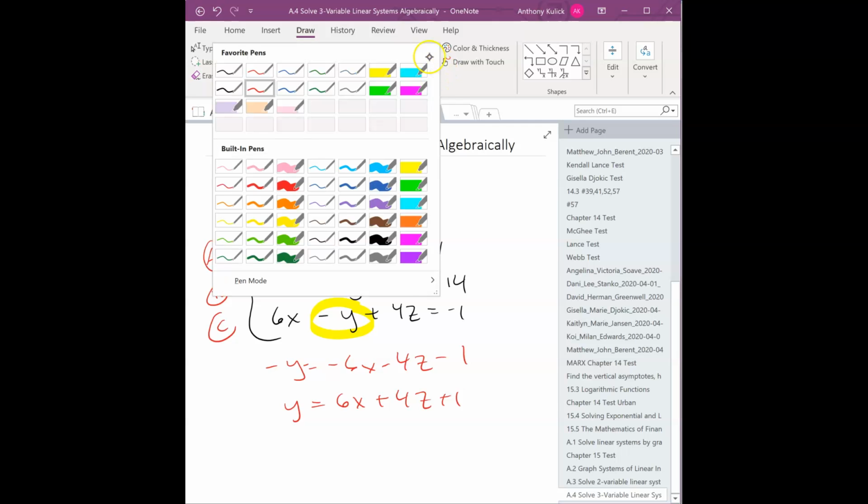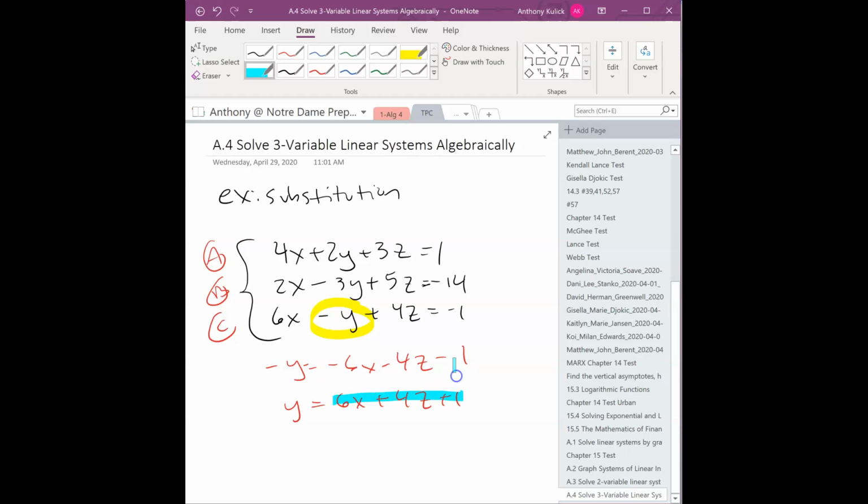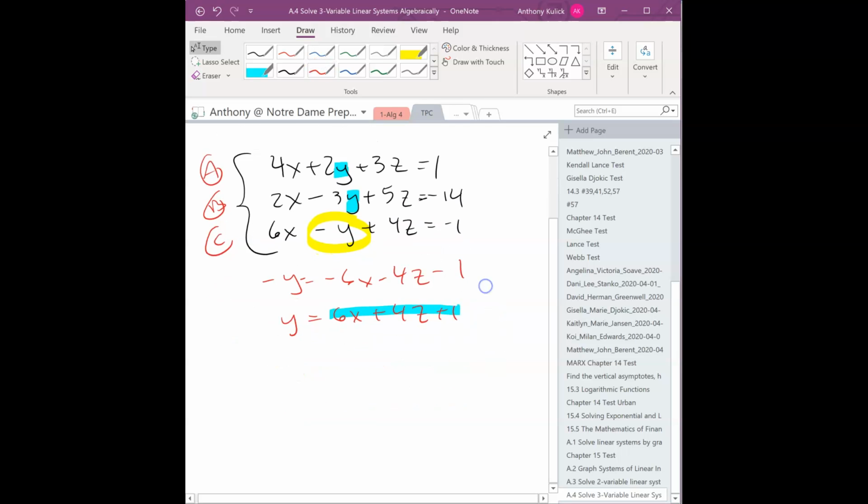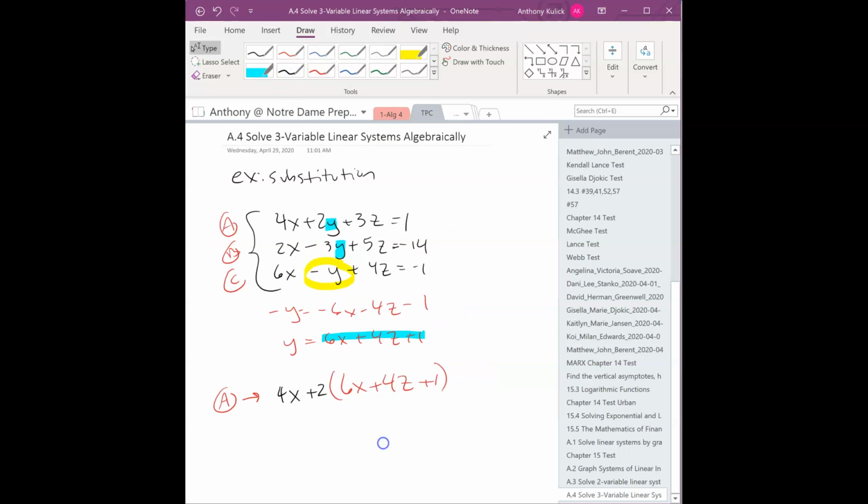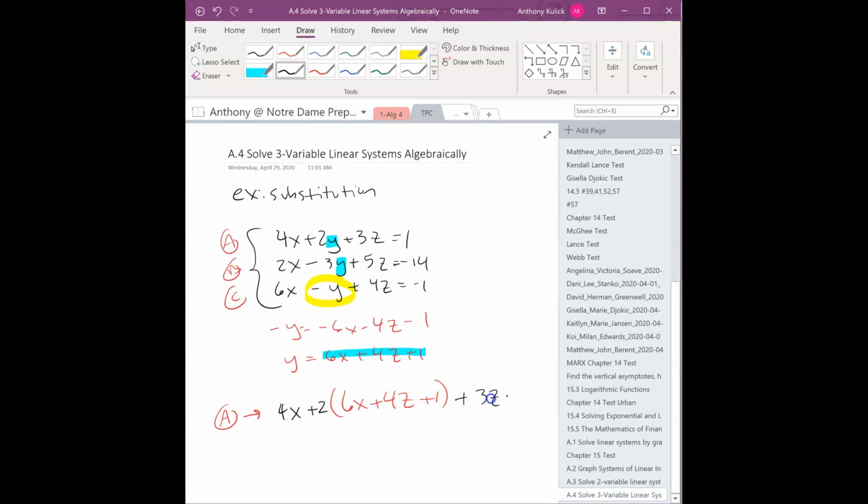What I'm going to do then is take that equation for C, or for y, and plug it into the other 2 equations. So my new equation A is going to become 4x plus 2, and then instead of y, I'm going to write 6x plus 4z plus 1, and then I have plus 3z equals 1.